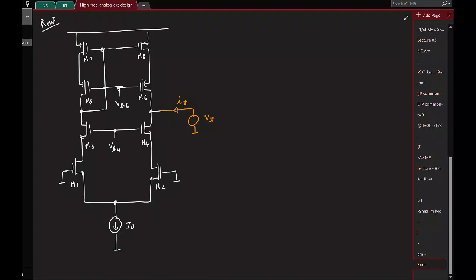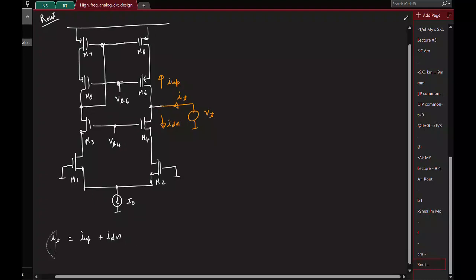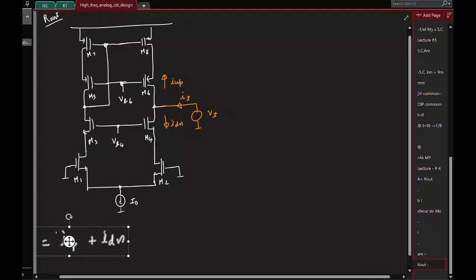Now this current again has two contributions, one up and down. So the total current is the sum of I up plus I down. Let's first find I down quickly, because that is relatively easier.